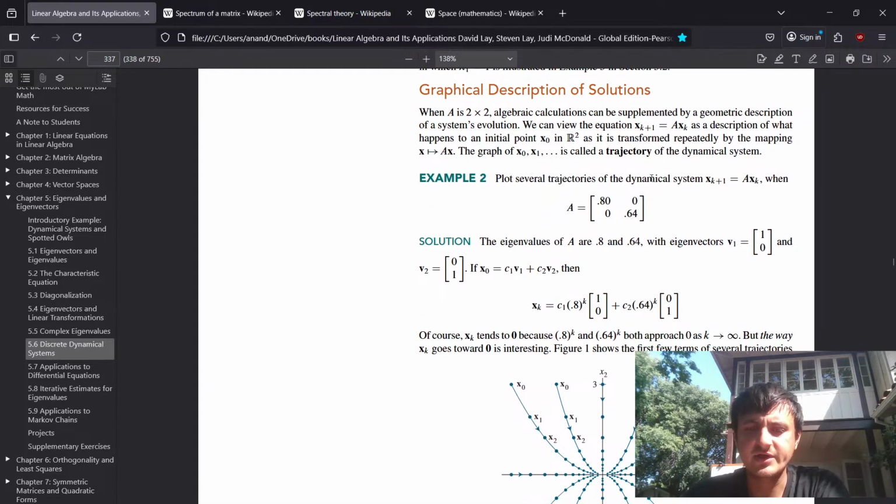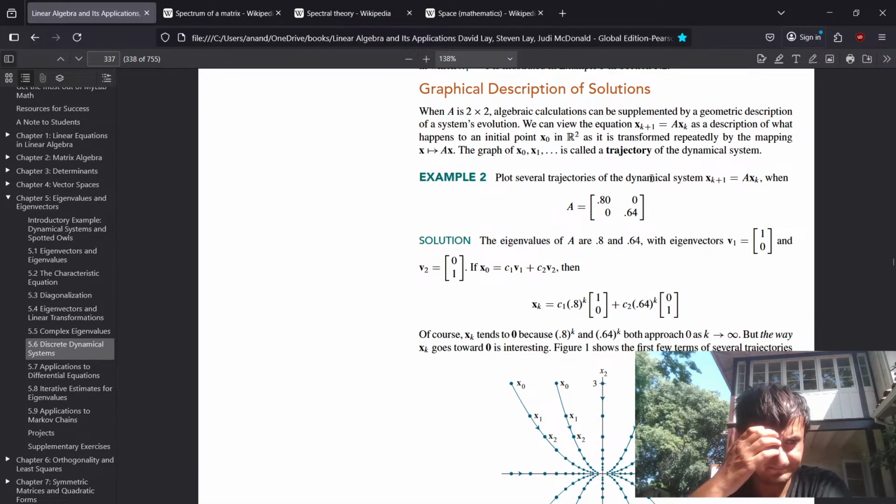Okay, here we go. This is what I wanted, a graphical description. When A is 2x2, algebraic calculations can be supplemented by a geometric description of a system's evolution.